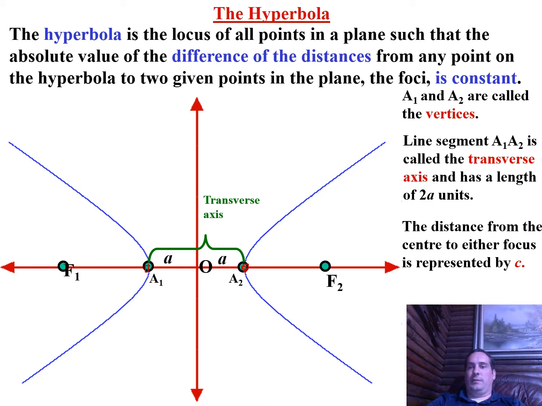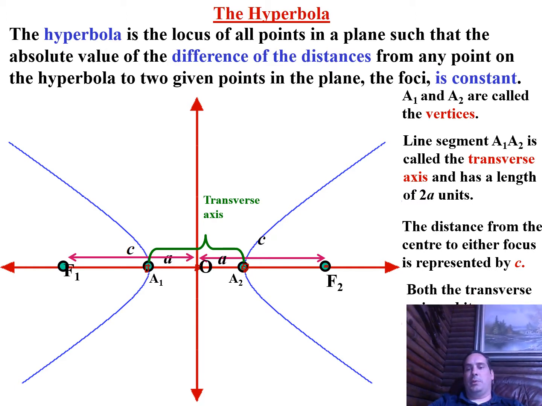The distance from the center to the focus is your C value. Both the transverse axis and its perpendicular bisector are lines of symmetry of the hyperbola. This line here going up is called the conjugate axis.